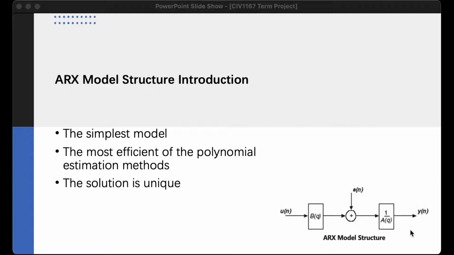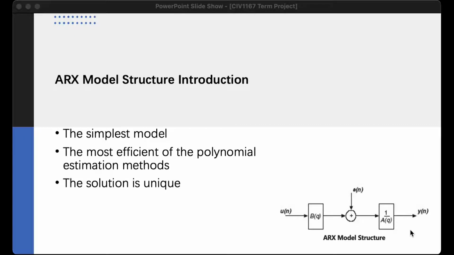So we can see the process of the ARX model structure. Since the input-output relation is given by the linear difference equation, and then rewriting it in transfer function form, there is an autoregressive part A(q)y(t) and an exogenous input part B(q)u(t).